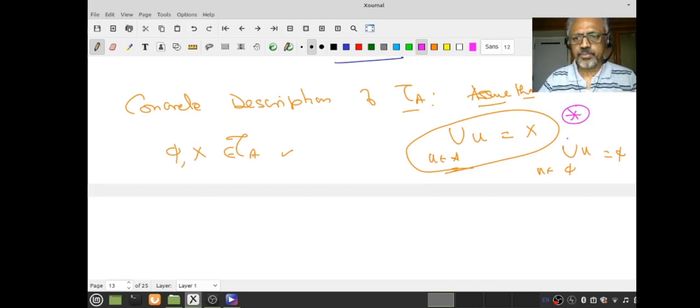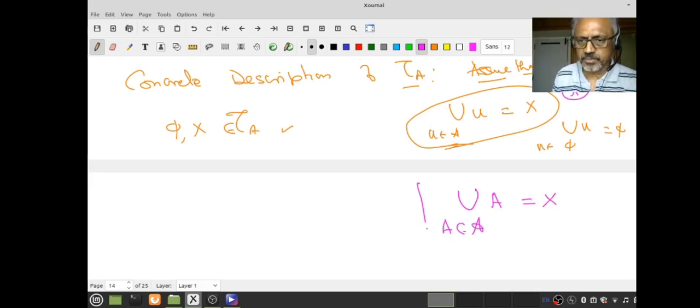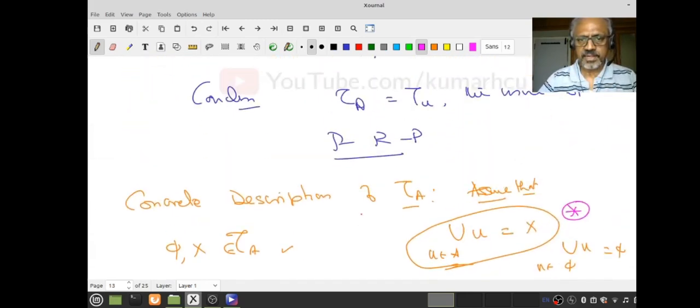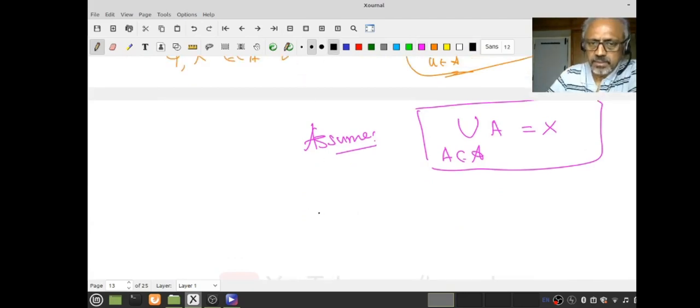X is the union of elements coming from A. If you want, in terms of script A, this must be all of X. This is our assumption hereafter. Assume always hereafter, when I want to talk about the smallest topology containing A, namely tau A, I am assuming A has this property.